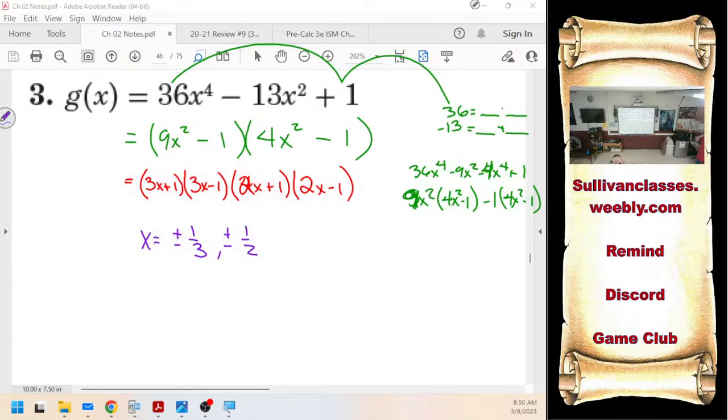Okay. But do you see how close all of these are if I were to graph it? I want you to graph this. Like literally, just put this into y1 and look at the graph. Look at how squished together it is. Yes, very squishy. Think about that. The zeros are plus or minus 1/3 and 1/2.